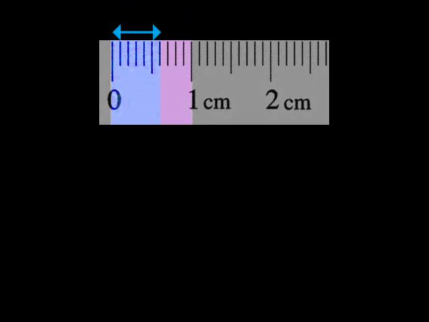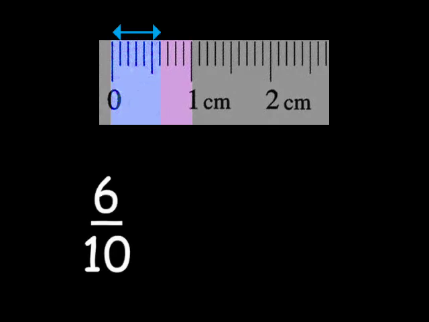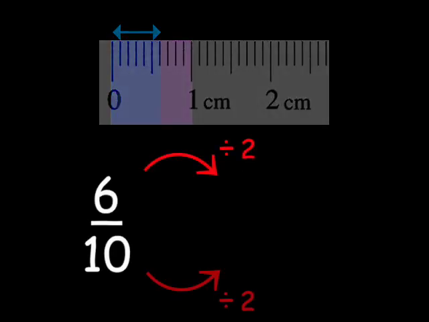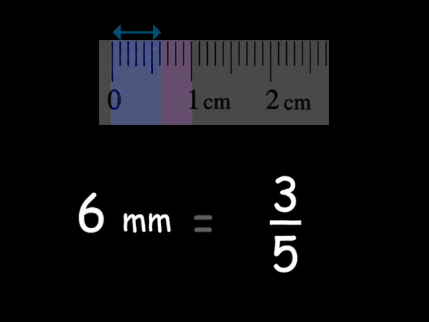We know that there are 10 millimetres in a centimetre, so the question is the same as, what is 6 millimetres as a fraction of 10 millimetres? This becomes 6 over 10. Divide the top and bottom of the fraction by 2, and you get 3/5, 3 over 5. So 6 millimetres is 3/5 of a centimetre.